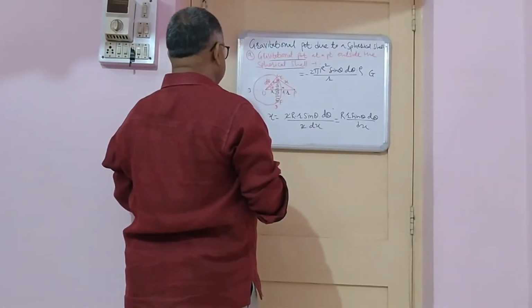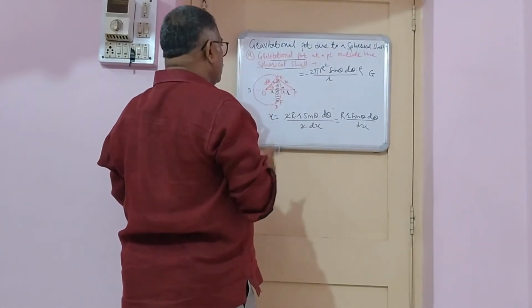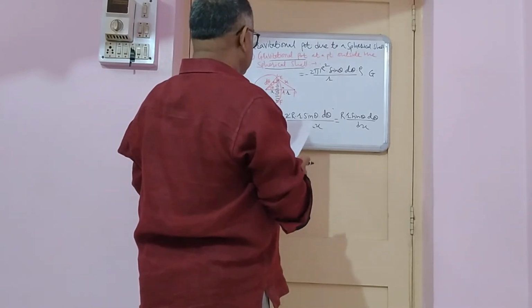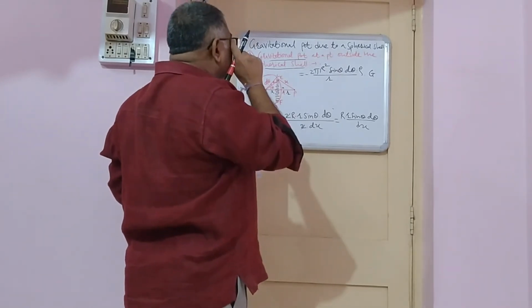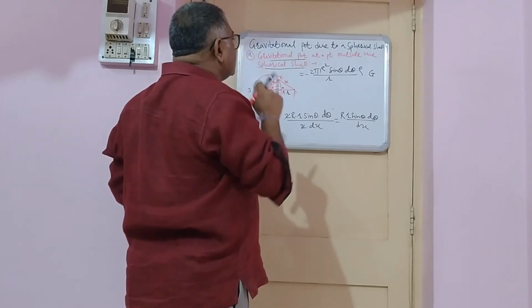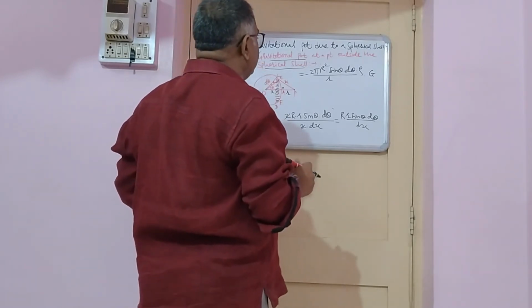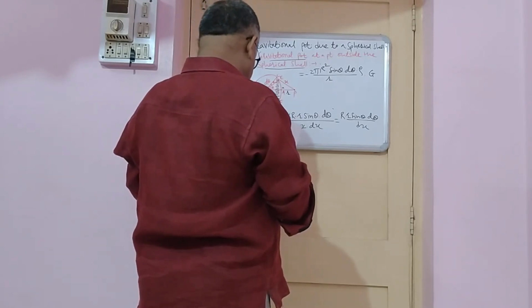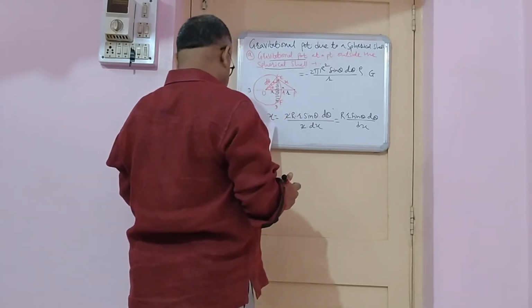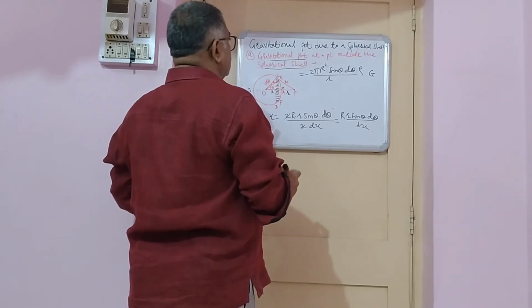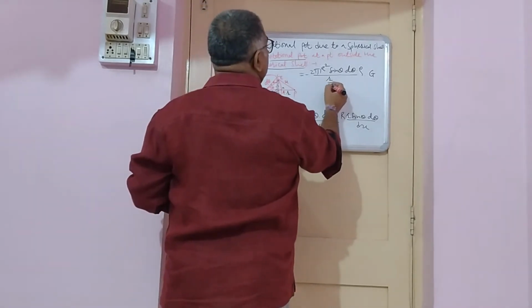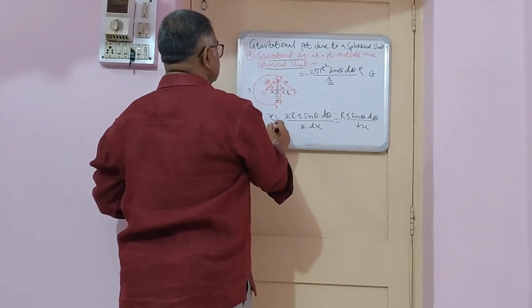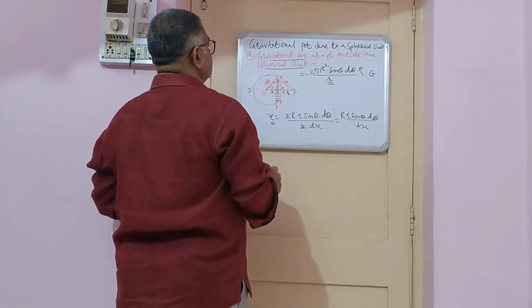In this equation we have to put the value, that is R into r sine of theta d theta by dx, and therefore here for r we will substitute this value of x.